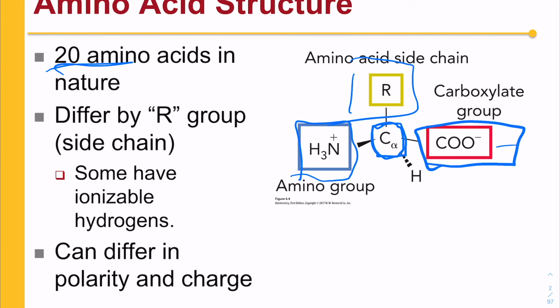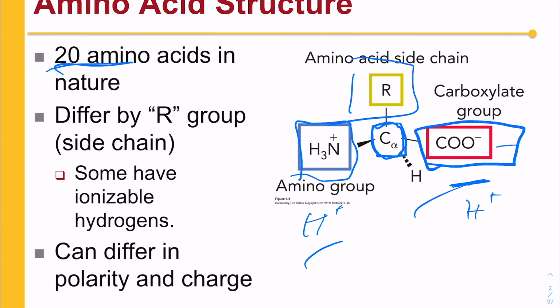And as I said in the last lecture, the carboxylic acid group has an ionizable hydrogen, and the amino group has an ionizable hydrogen. So every amino acid is a weak acid at two different pKa's, one at the carboxylic acid group and one at the amino group.